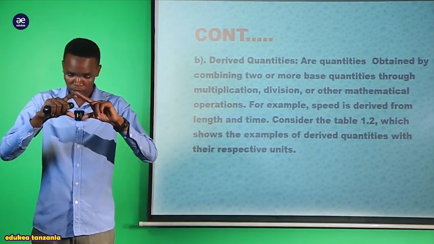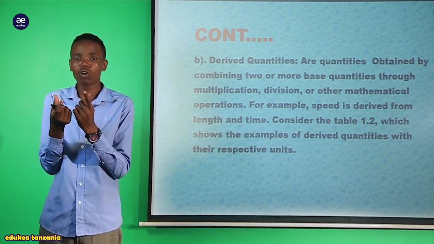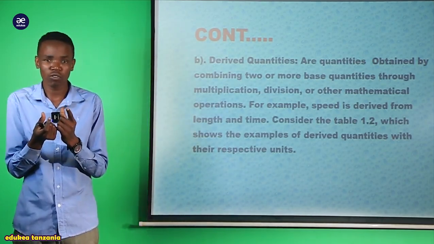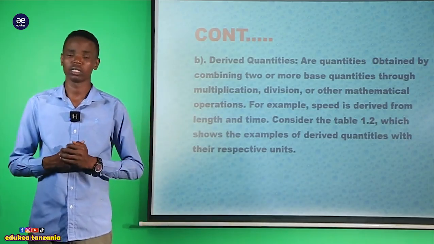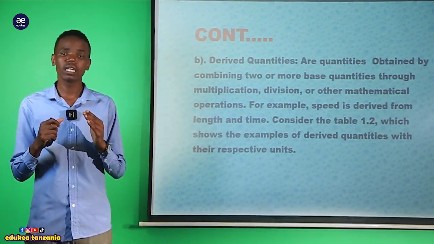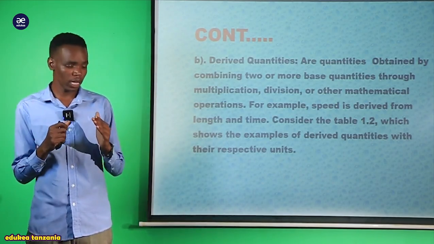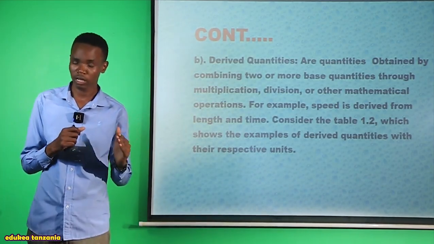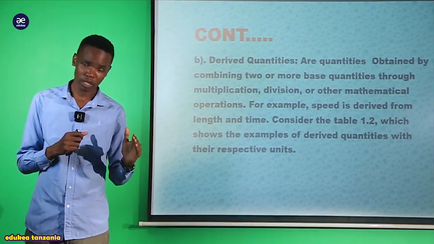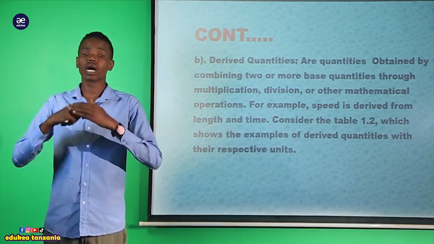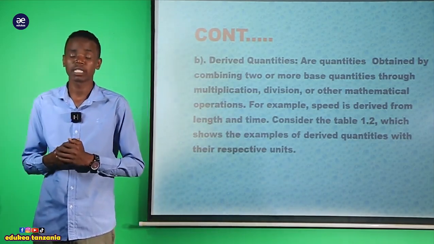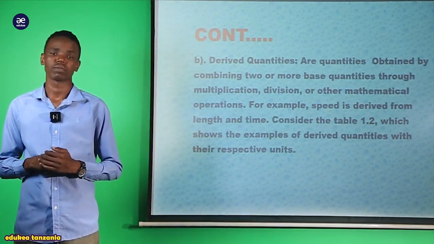If we take two or more basic quantities, these basic quantities we term as the fundamental quantities. If we take those fundamental quantities and combine them together, we will form the derived quantities. But this can be combined by using either addition or multiplication or division, my dear student. Or you can use the other mathematical operations.